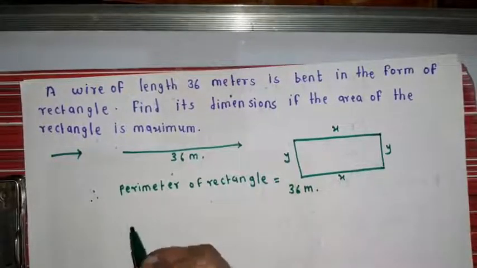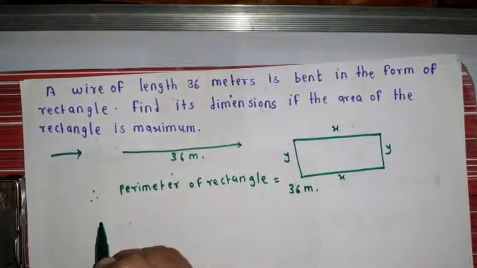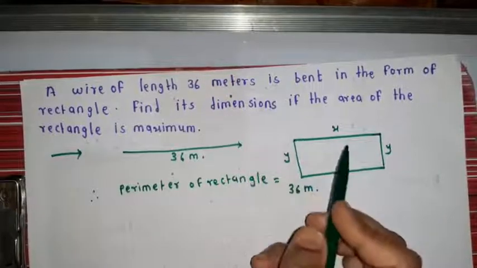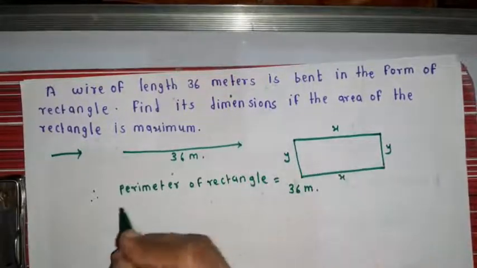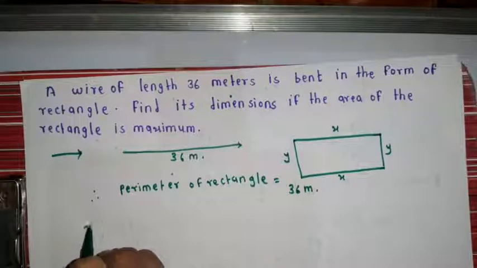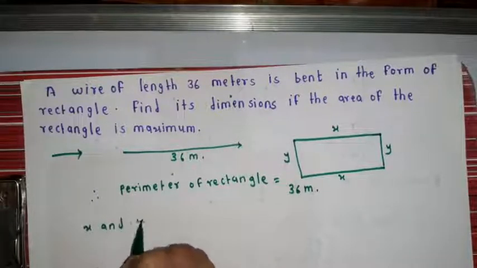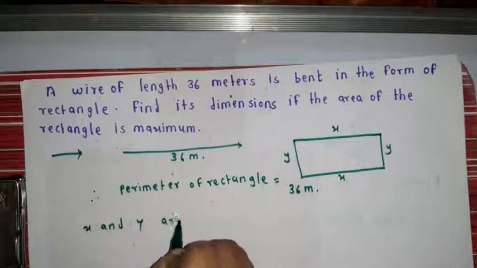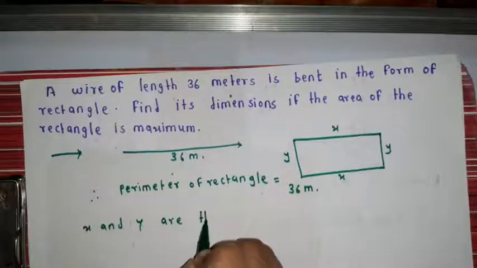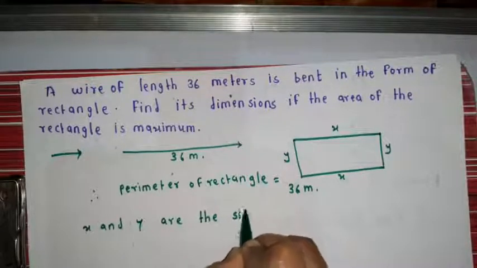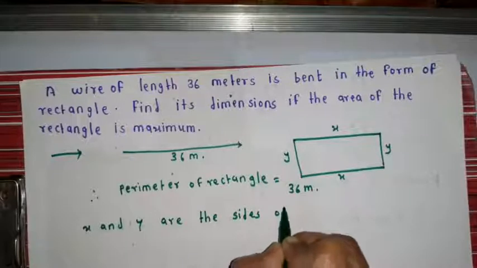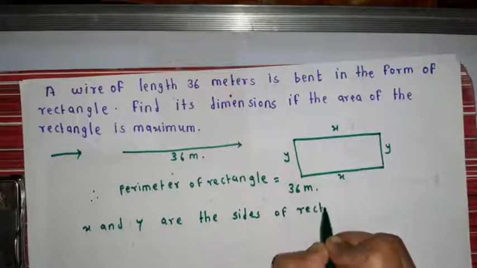We have to find the dimensions, meaning the sides of the rectangle. Let x and y be the sides of the rectangle.